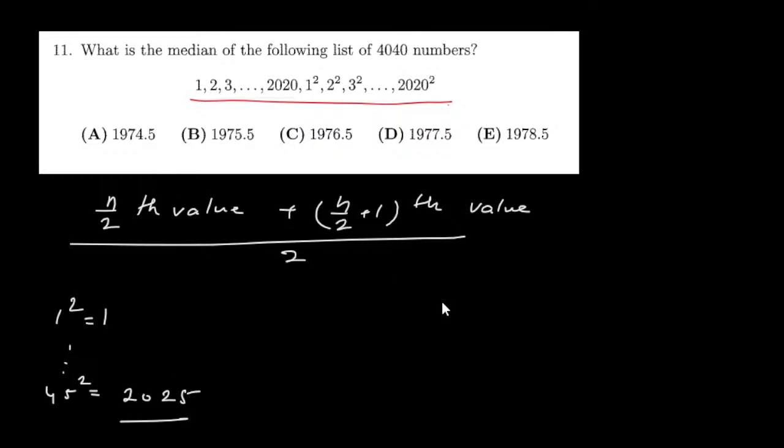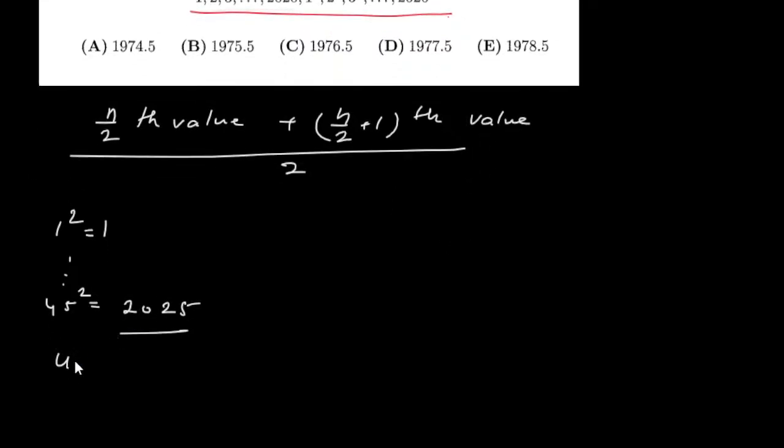And 44 square, what is 44 square? Let us use calculator here, 44 times 44, it is 1936. So when I start writing the numbers, first I will write 1, and then after 1 I have 1 square, then I will write 2, 3, 4, and then again I have 4 square. And like this I will continue.